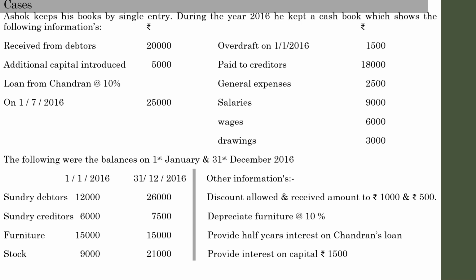If you are a businessman with an account in a bank, you may have a cordial relationship with the bank, and the bank manager or bank officials will provide you credit facilities because you are a good businessman. So they will provide some additional credit facilities in the form of overdraft. So overdraft on 1/1/2016, the hidden meaning is the opening balance of cash.